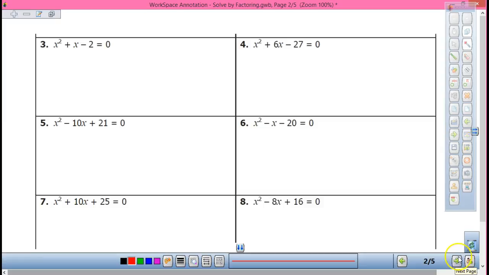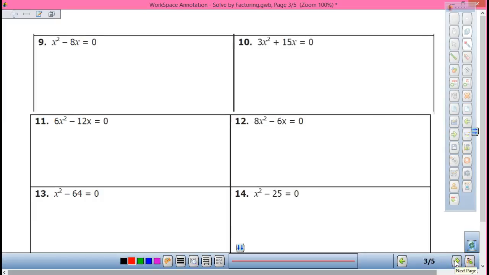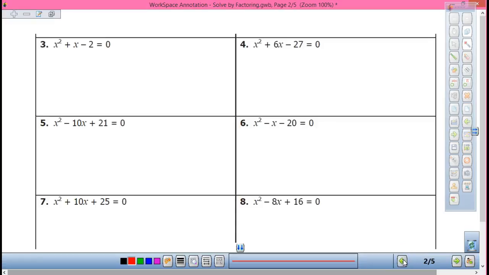Let's do number 6. How can I get to negative 20? All right, so you're right. We've got 5 and 4 are going to get me to 20. How am I getting to negative 1?